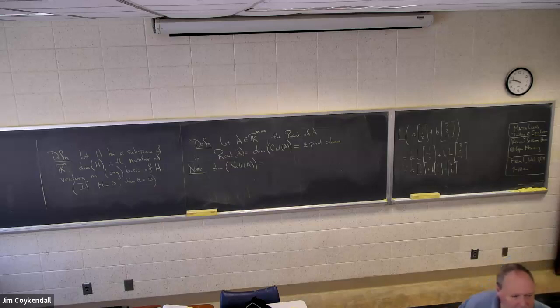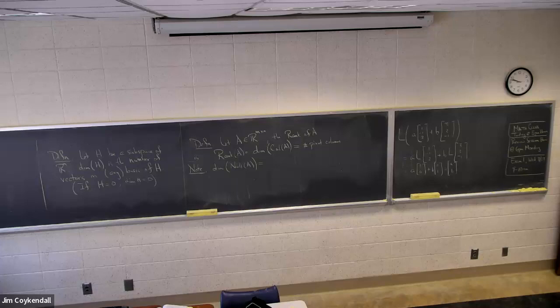Remember, the null space is the solution to Ax equals 0. When you look at the homogeneous equation, Ax equals 0, how do you tell what the dimension of that is? The number of free columns. The number of free variables, right? Everybody agree with that? So we looked at that last time.